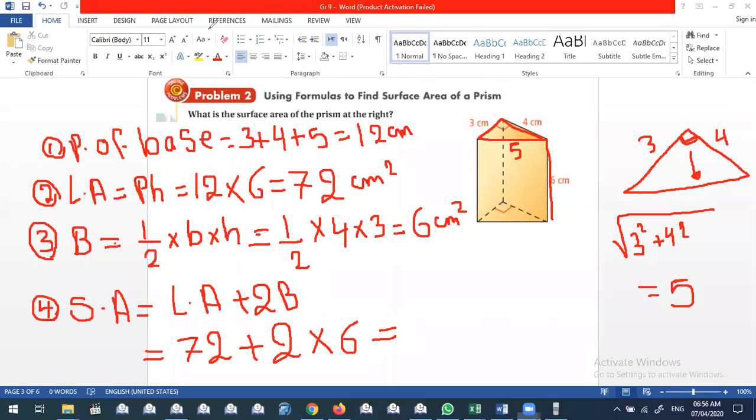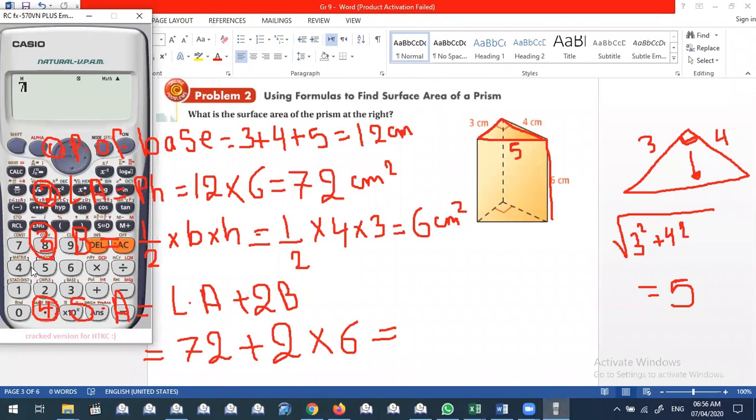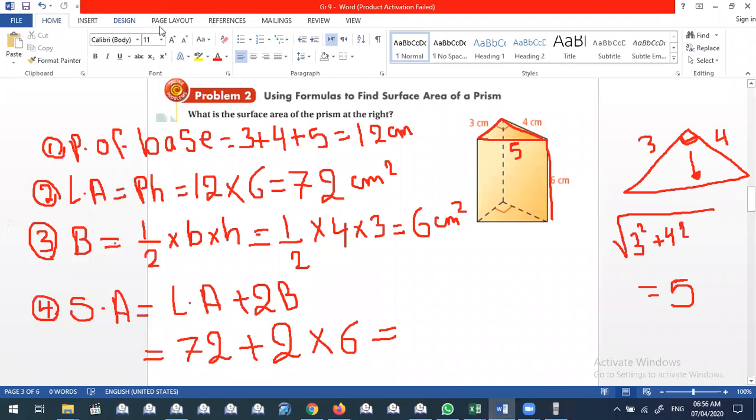Let's find the answer. 72 plus 2 times 6. It will be 84. So the final answer is 84 centimeters square. So if you need to use the formula, you need to find four steps: perimeter of the base, lateral area, area of the base, surface area.